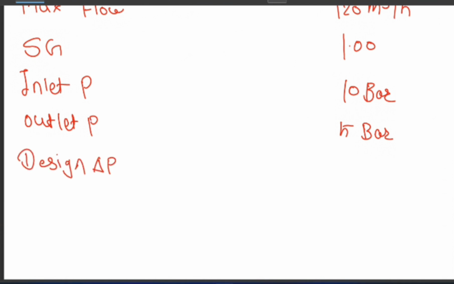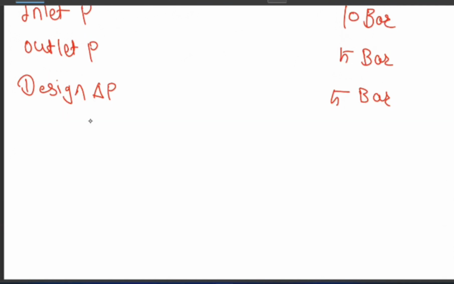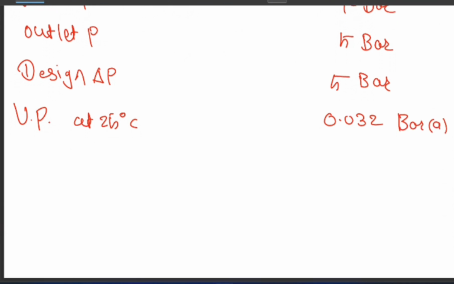Design delta P is 5 bar. I will explain what exactly we are doing. Vapor pressure, VP, at 25 degrees Celsius is 0.032 bar absolute for water. It's very important.